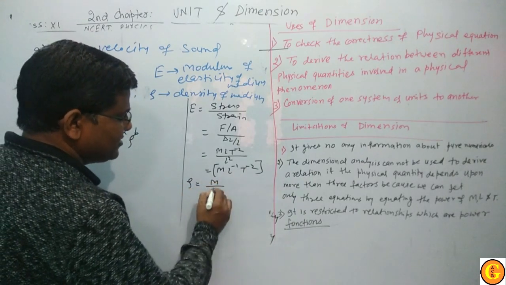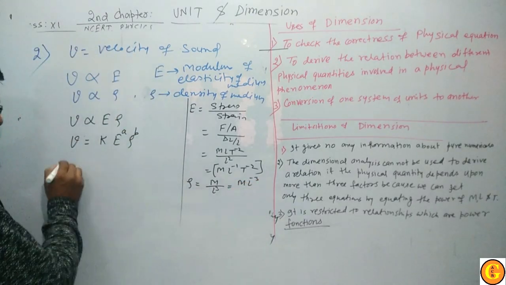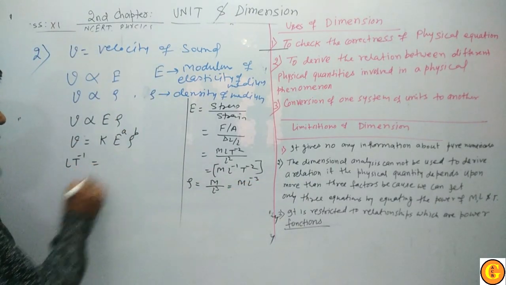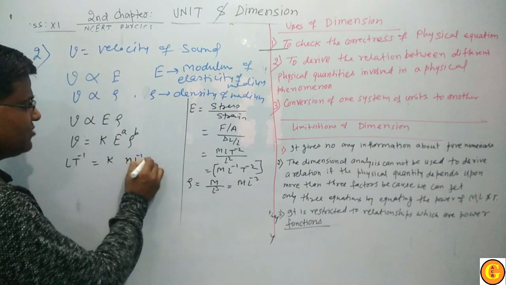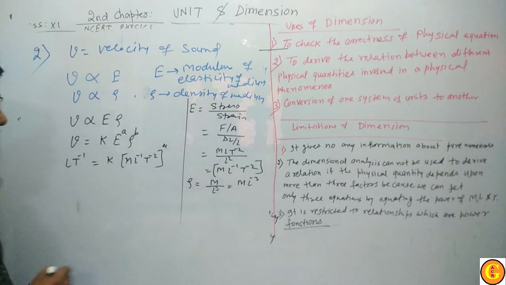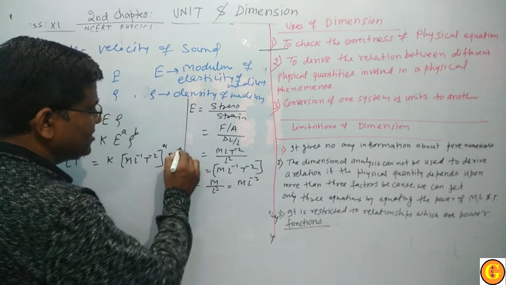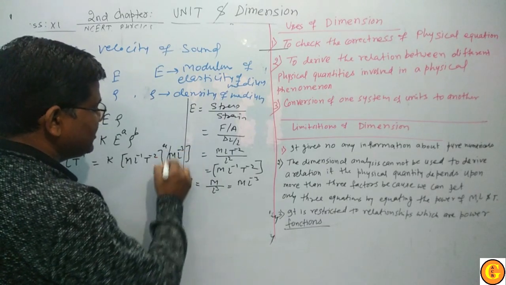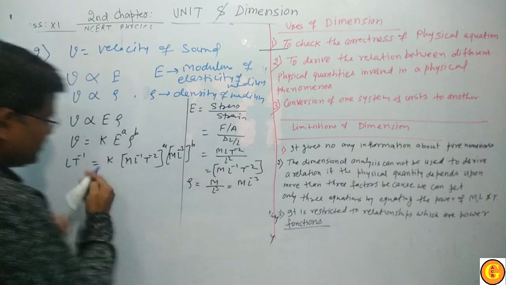Density is mass by volume, which becomes ML minus 3. Then write the formula: LT minus 1 equals K times ML minus 1 T minus 2 to the power A, and rho is ML minus 3, with power B.